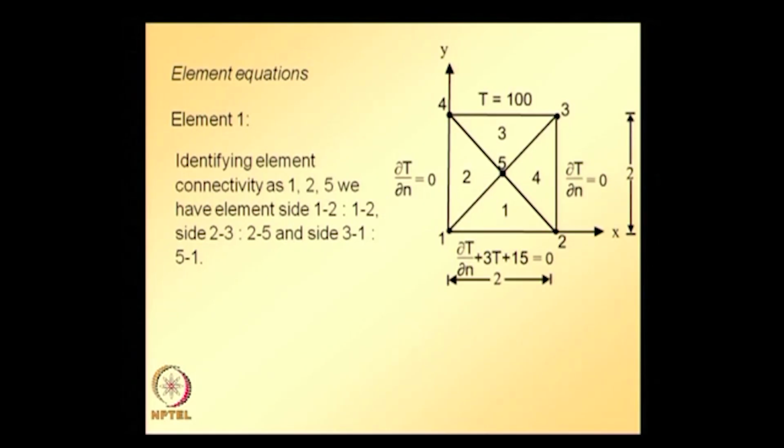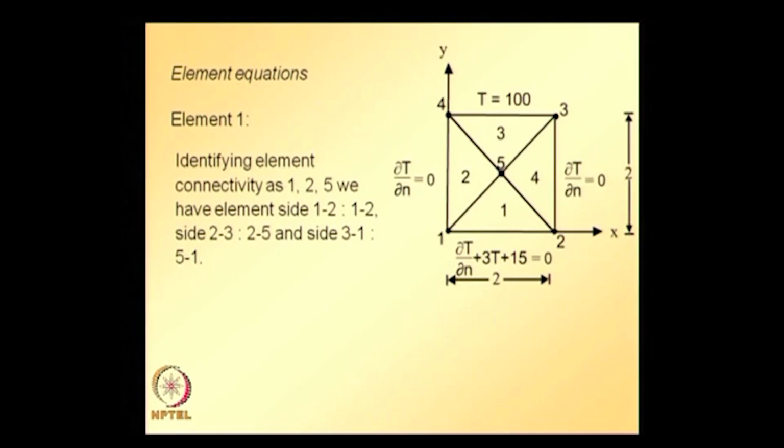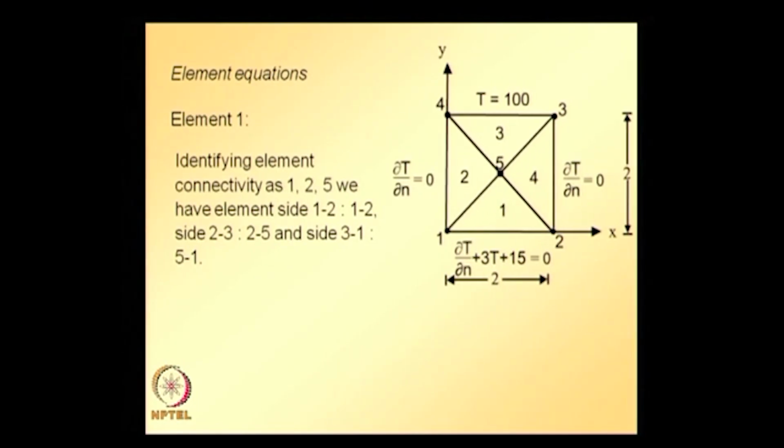So, local node 1 is the same as global node 1, local node 2 is the same as global node 2, local node 3 is global node 5. So, identifying the element connectivity as 1 2 5, we have the element sides: local side 1 2 is the same as global side 1 2, local side 2 3 is going to be side 2 5, and local side 3 1 is going to be side 5 1.